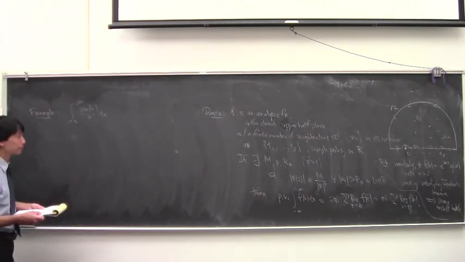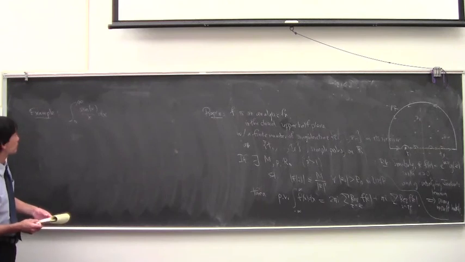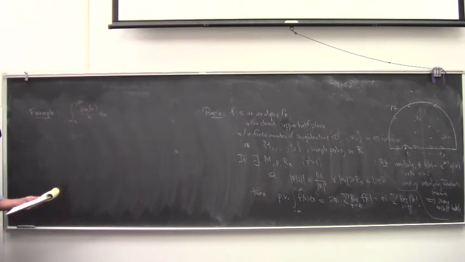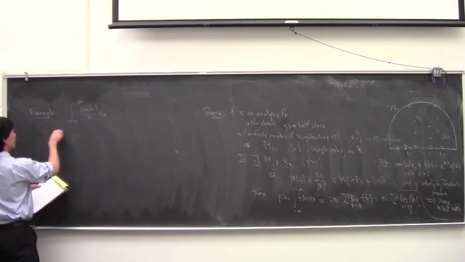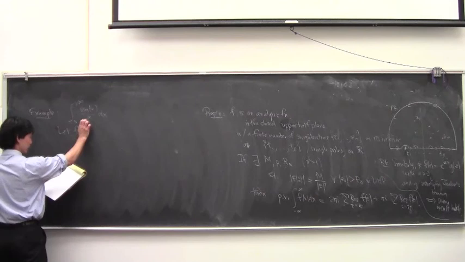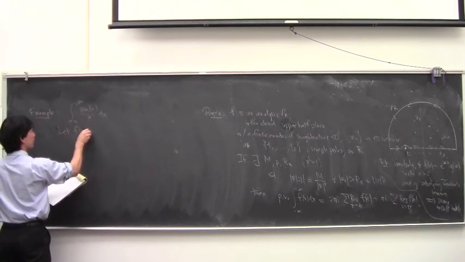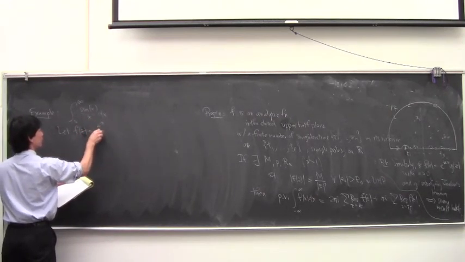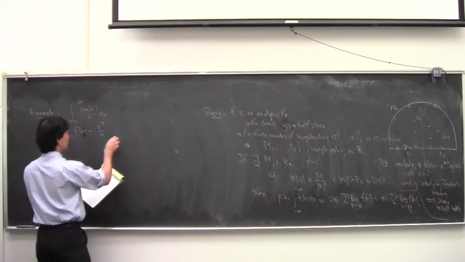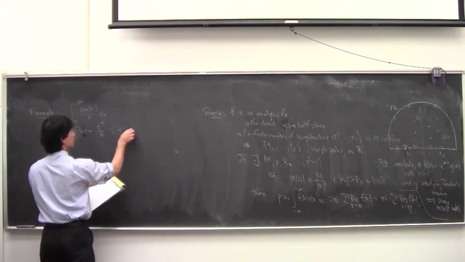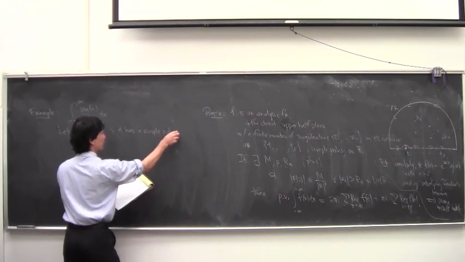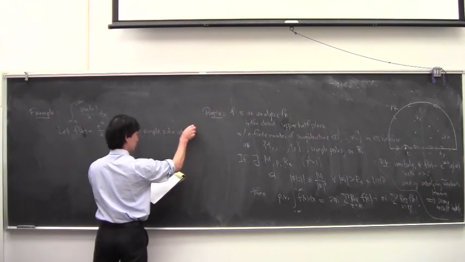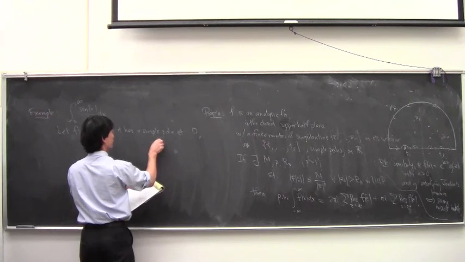So, right. What are you going to do? You say, well, let f of z be e to the iz over z. It has a simple pole at 0 with residue 1.